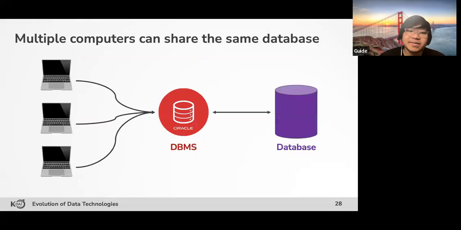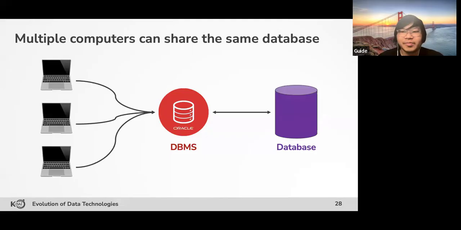And with a database management system, it is easy. It helps us share the same database among multiple users. Oh, sorry. Given we have multiple personal computers, each personal computer can connect with this database management system to access the database, right? It helps us a lot.